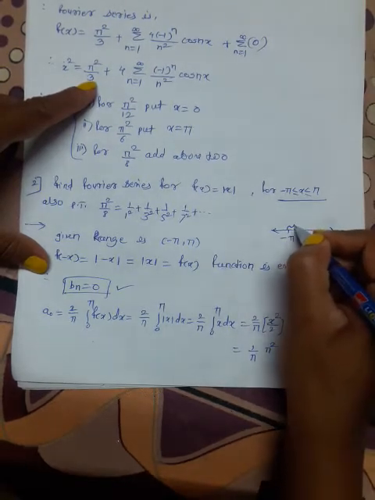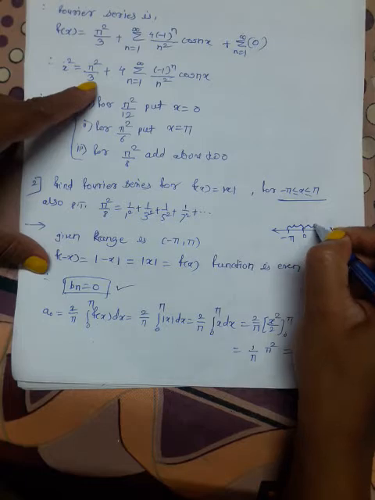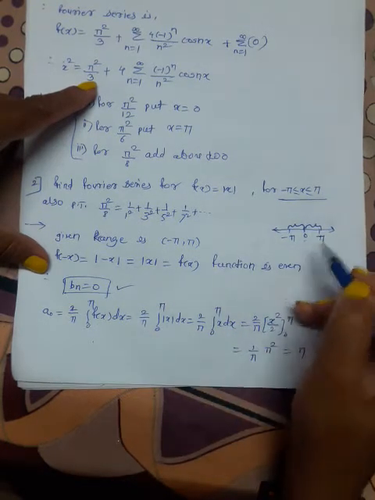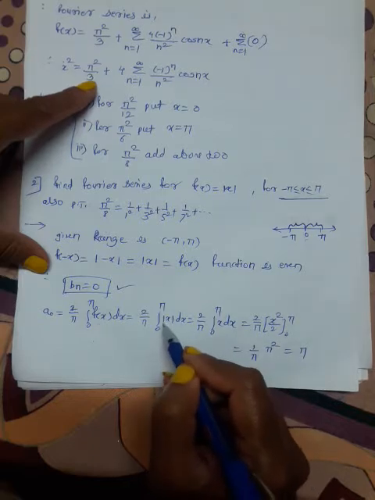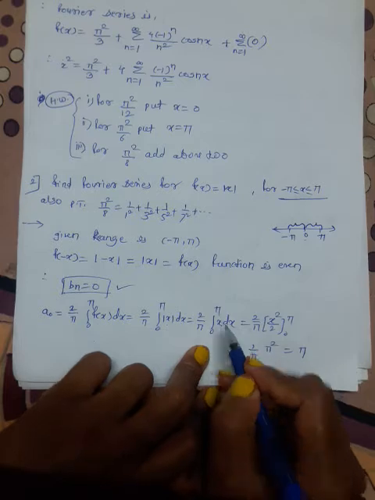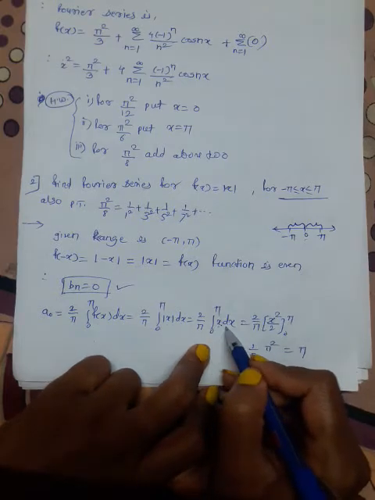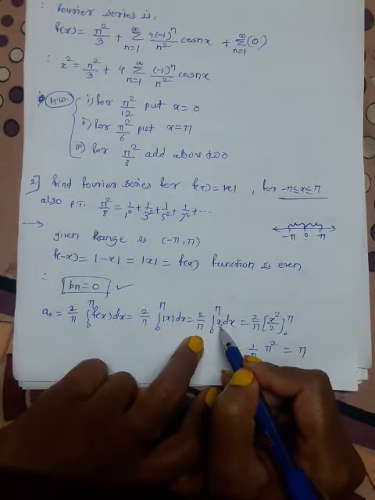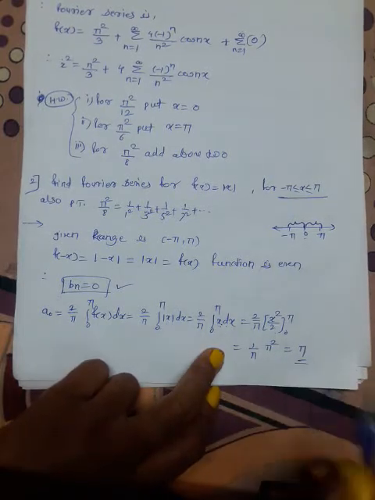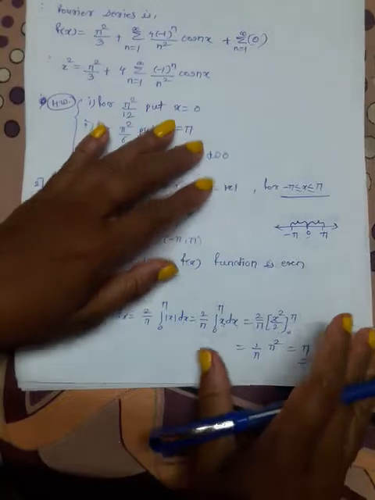These are the negative values of x, and these are the positive values of x. Therefore, in 0 to pi, all terms are positive, so mod of x becomes x. No negative terms, that's why. dx. Now take the integration of x, which is x square by 2. Putting in the limits, we get the answer pi for a naught.